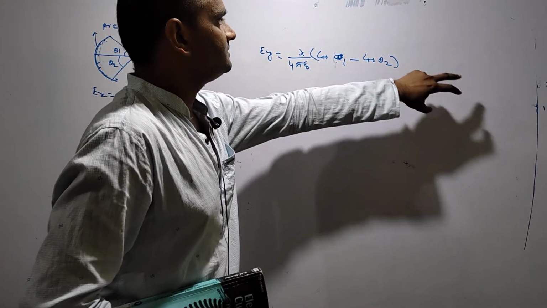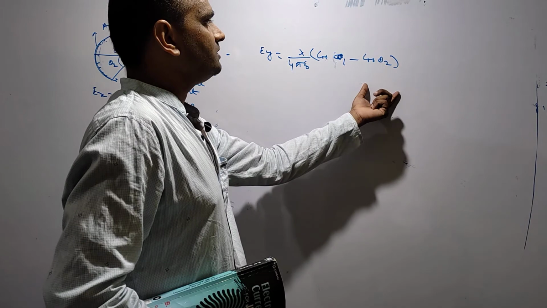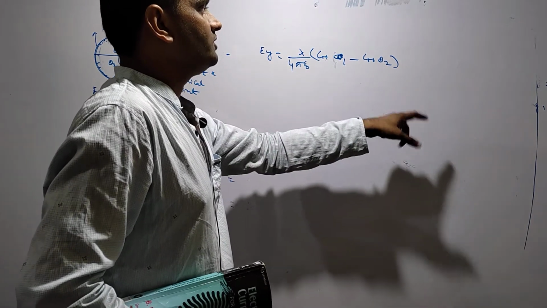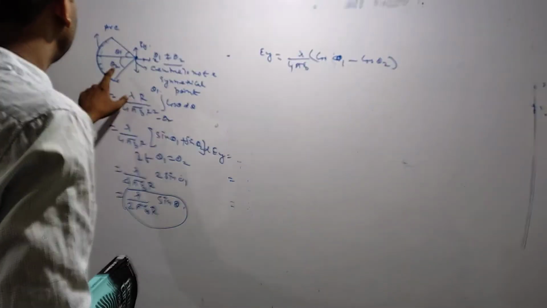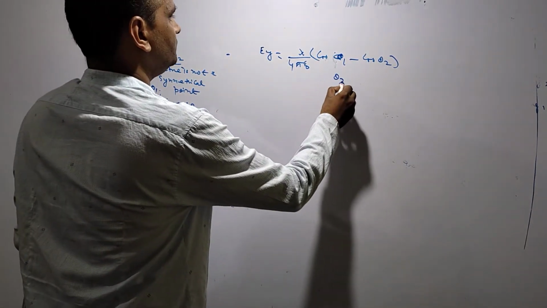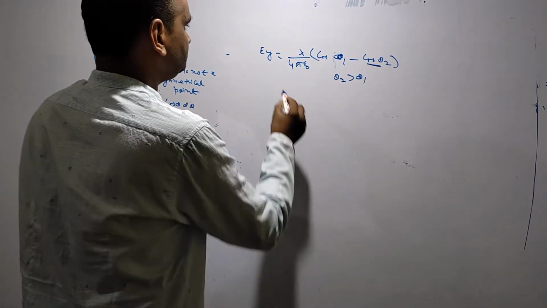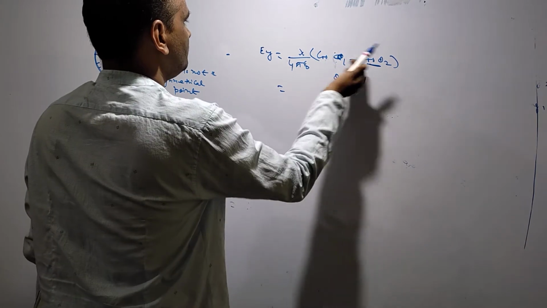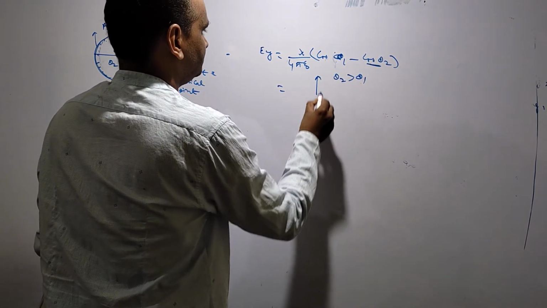When theta increases, it diminishes. At theta 0 it is equal to 1 and at 90 degrees it is 0. So as theta increases, the cos theta value decreases. If theta 2 is greater than theta 1, this means cos theta 2 is smaller, then we have a positive value of Ey. Then Ey is in this direction.